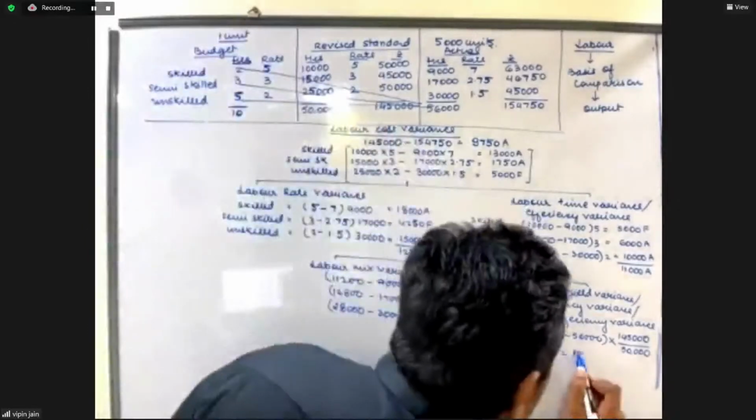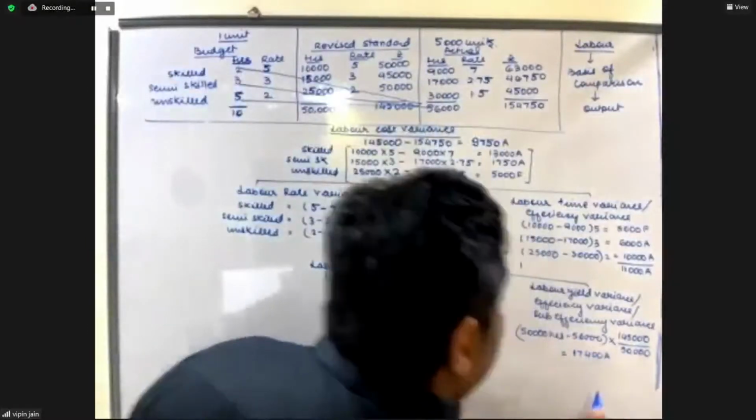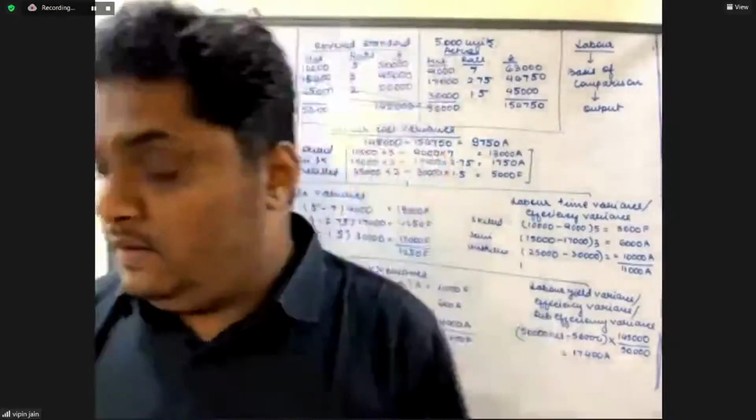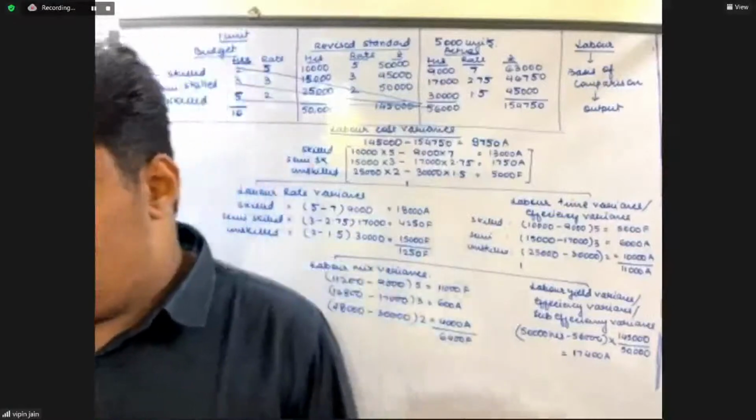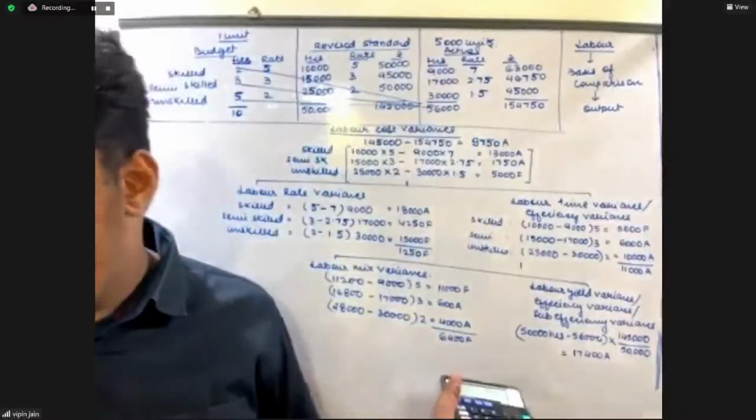This will be 17,400. This is favorable, my dear Ishan.